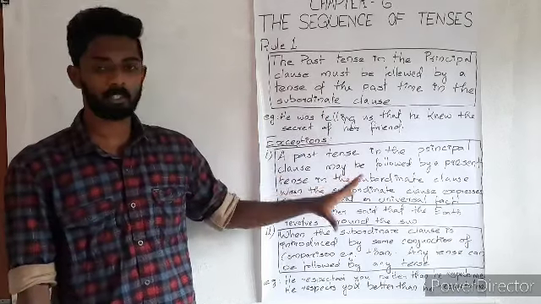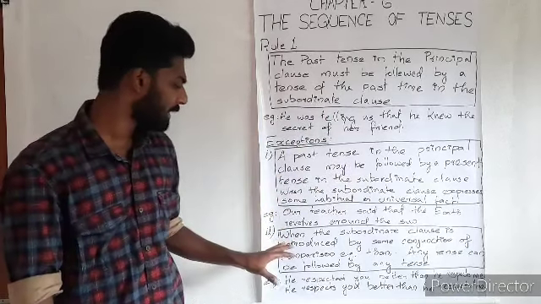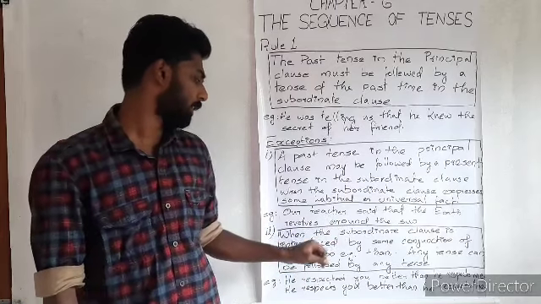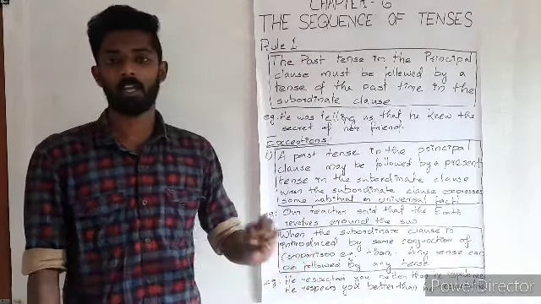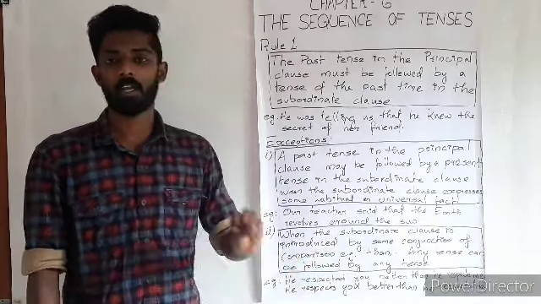That is the first exception to this rule. And the second one, when the subordinate clause is introduced by some conjunction of comparison, then any tense can be used. I have given many examples with regard to that. Any tense can be used if there is the word than in the sentence.